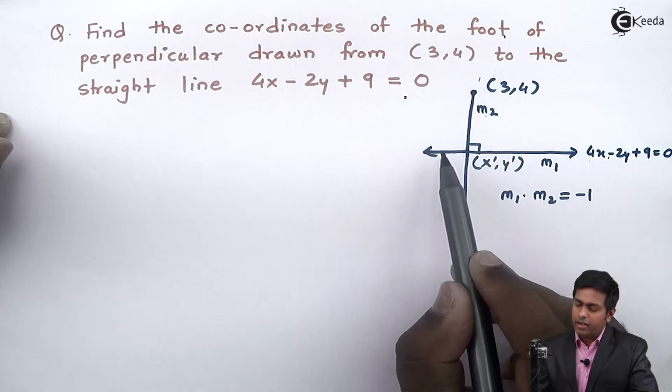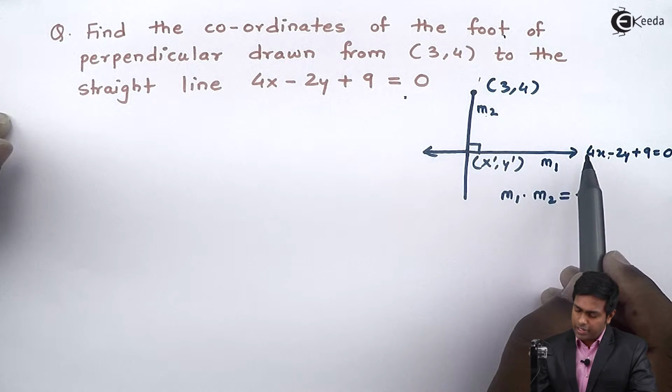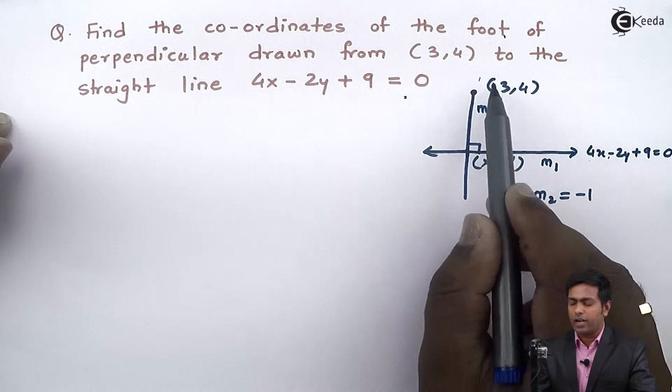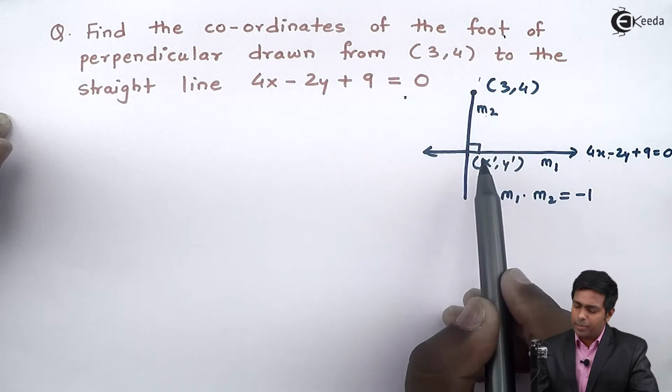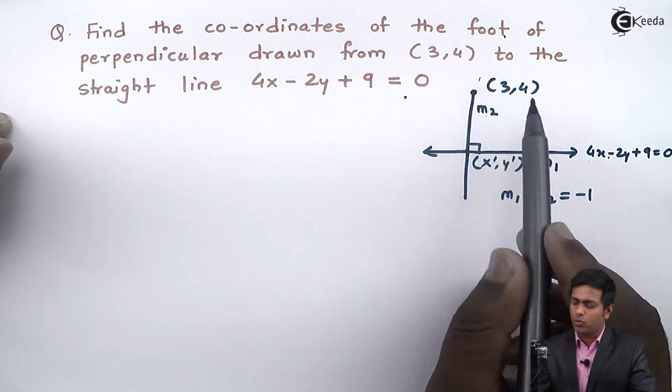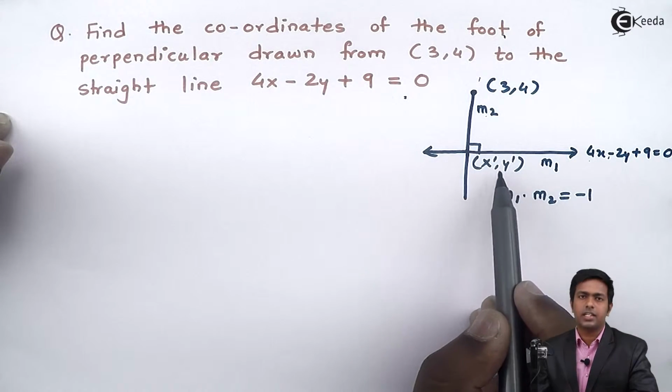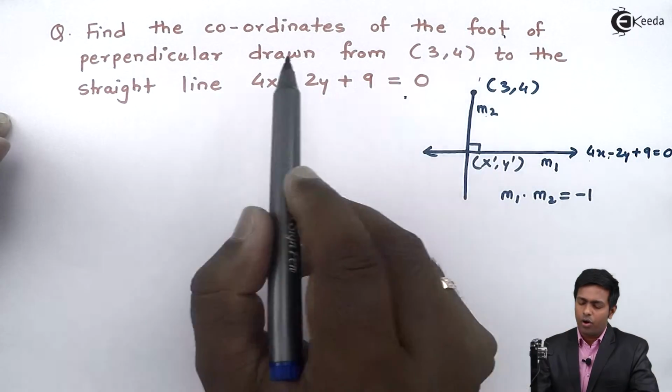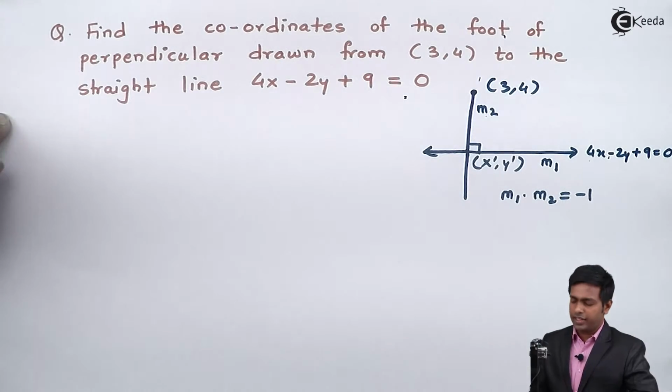So by solving the two equations of lines, we can get the point of intersection, and that point of intersection is nothing but the foot of the perpendicular. So let's start with it.